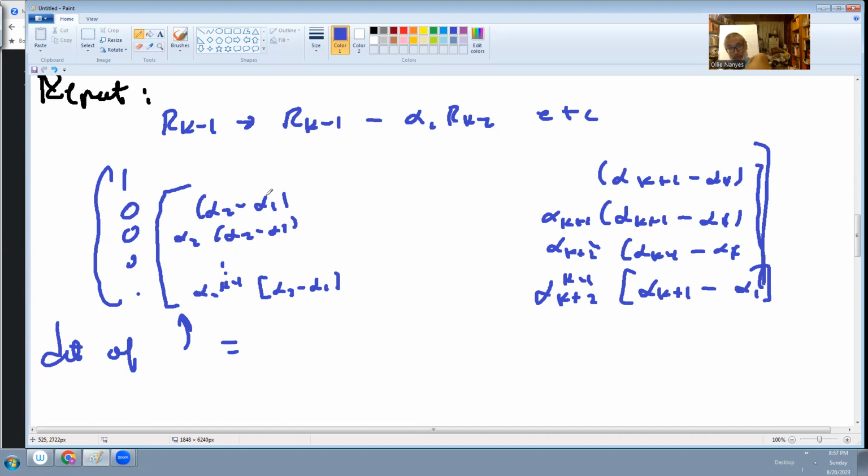But every element of this column is multiplied by alpha 2 minus alpha 1. So it's alpha 2 minus alpha 1. Then the next column is going to have a factor of alpha 3 minus alpha 1. And again, each element of this column has this factor.